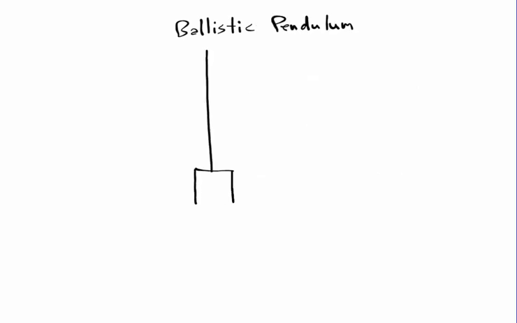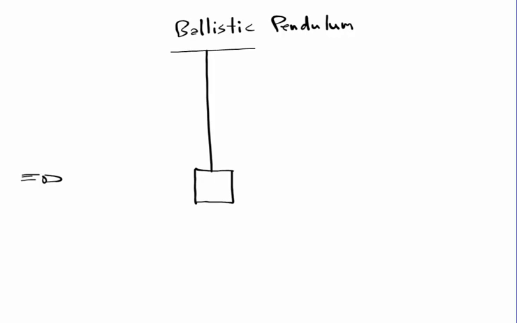The next problem I'm going to look at is a very famous type of problem called a ballistic pendulum. A pendulum is anything that's held by a rope or a chain or a string, allowed to swing freely, and a ballistic pendulum might be something like this. Imagine that I have a bullet that I fire at this block of, say, wood that's hanging from the ceiling by a rope.